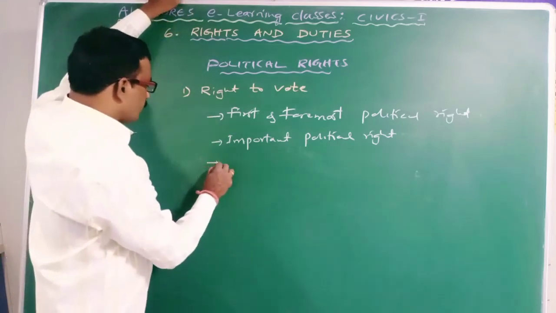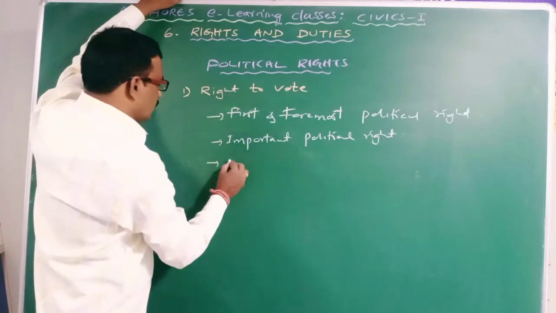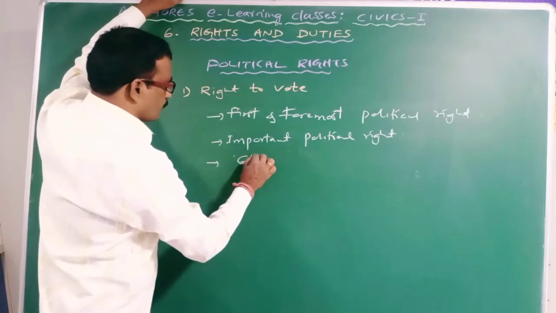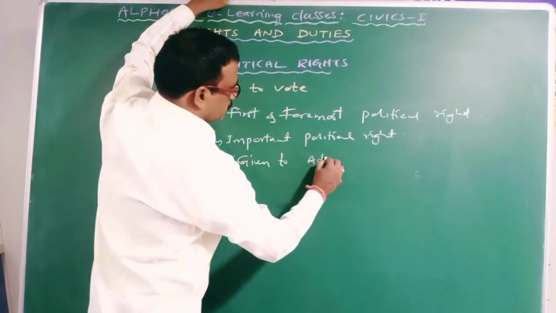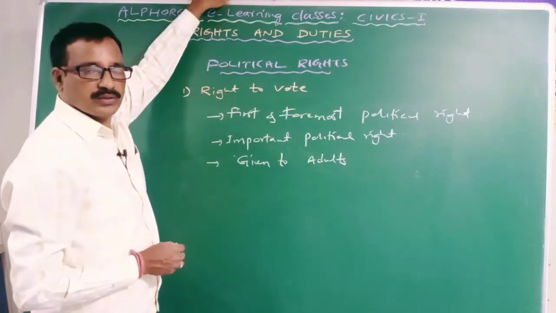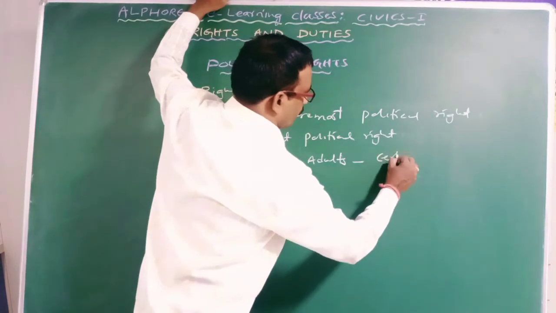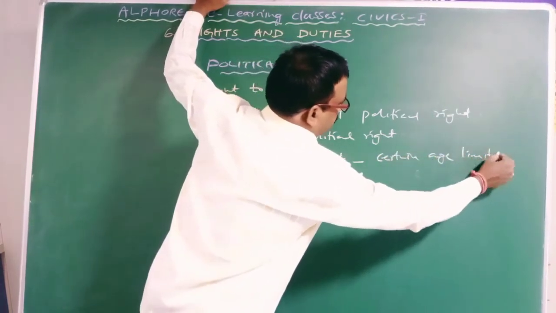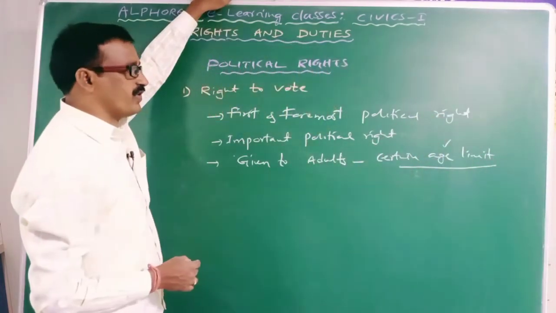Then, the right to vote is given to adults only. Who are called adults? The persons who cross a certain age limit. Clear? This age limit varies from one country to another.